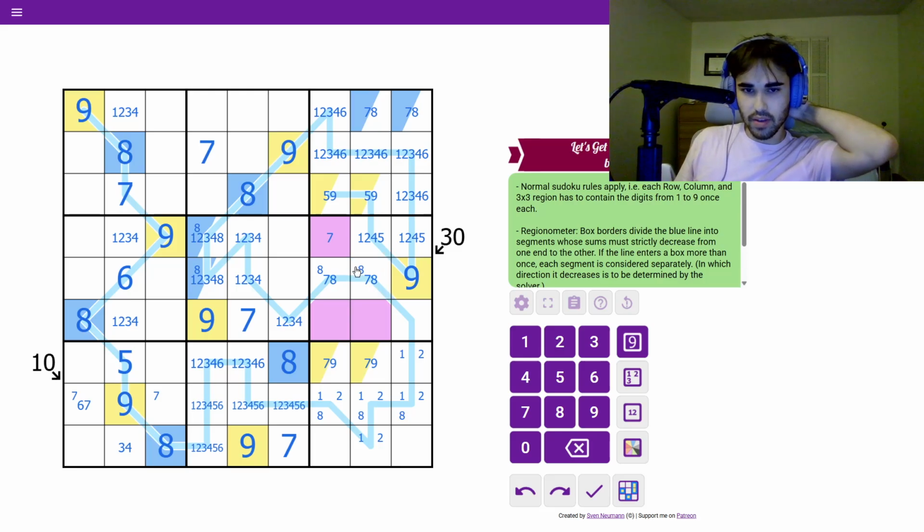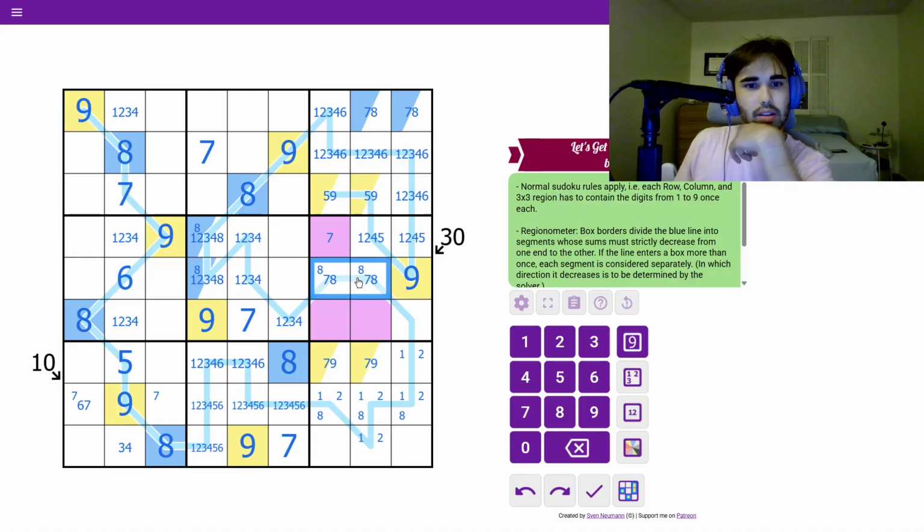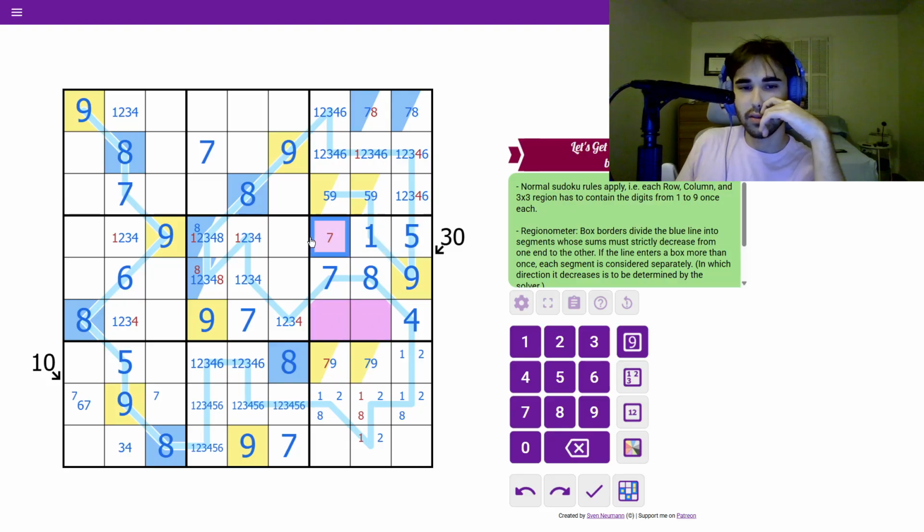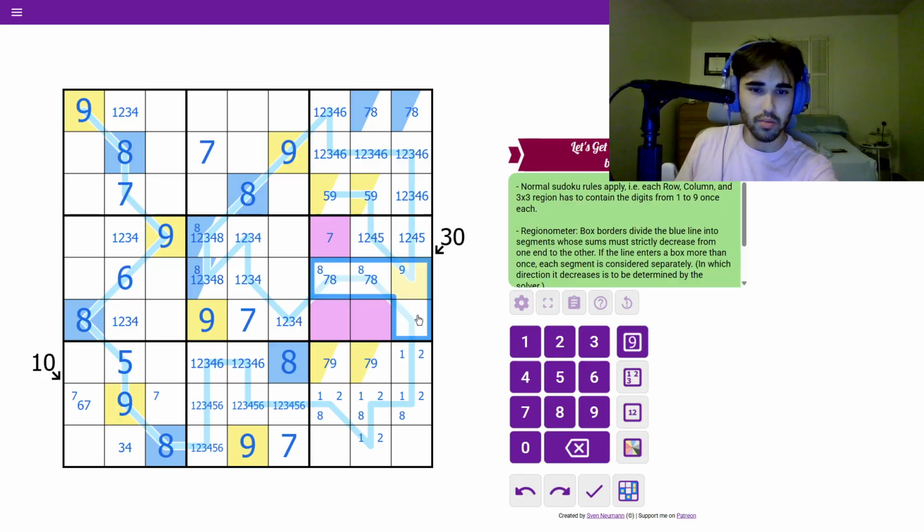Question is, could 7 go with the 8? That's 15. 4, that's 19. You'd have to do 1, 5, and now the digits left to get to 11 are 2, 3, and 6. So there's nothing proving that either one doesn't work at this moment.